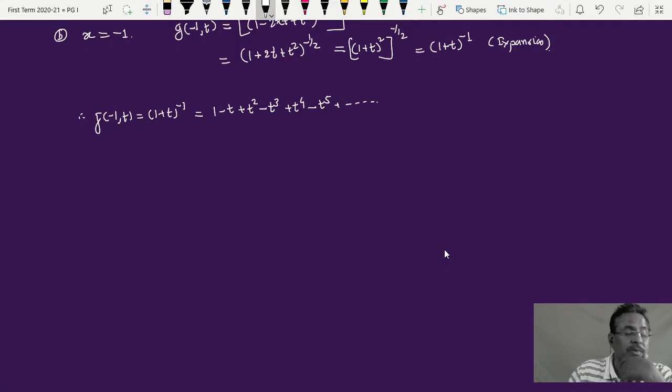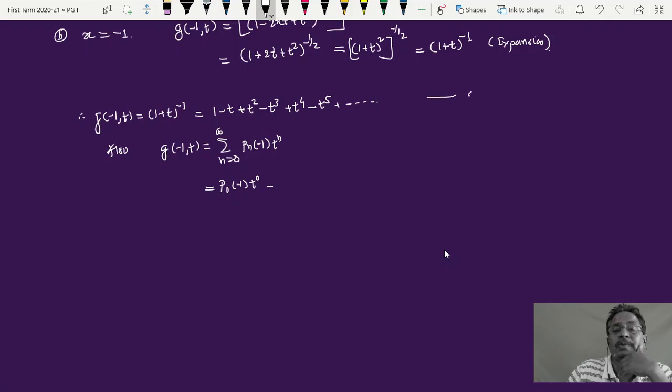And here also we have written g of minus 1 and t as summation over n equal to 0 to infinity of Pn of minus 1 into t raised to n. Expanding this, I'll get p0 of minus 1 into t raised to 0.